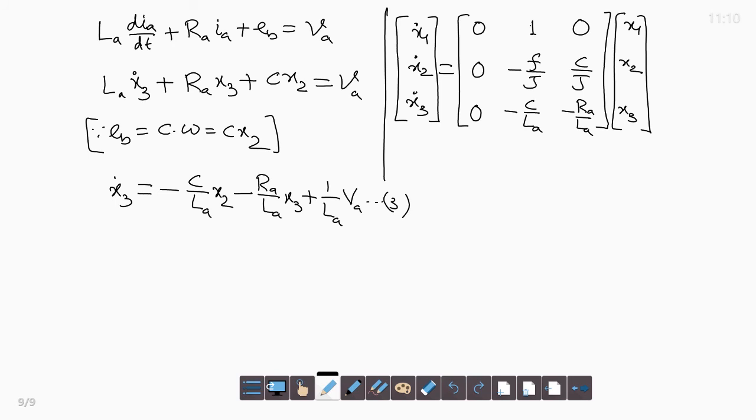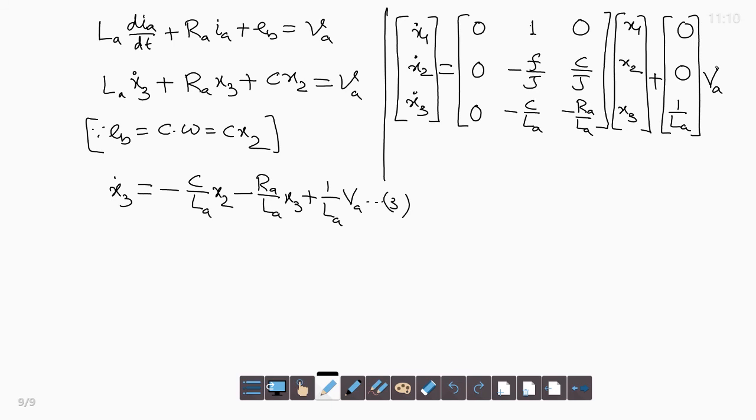Then we have the input: the first and second terms are 0, and the third is 1 by LA times the input VA. So this is the state equation for the DC motor.